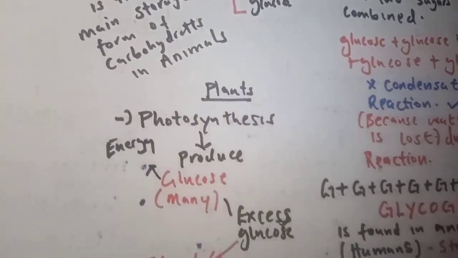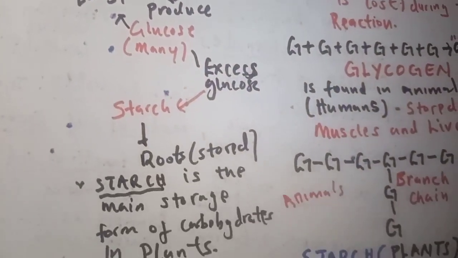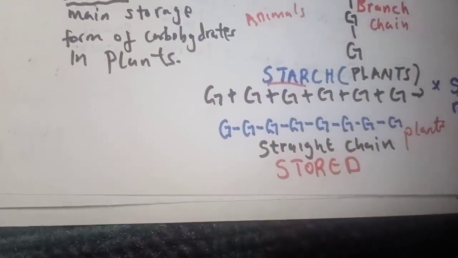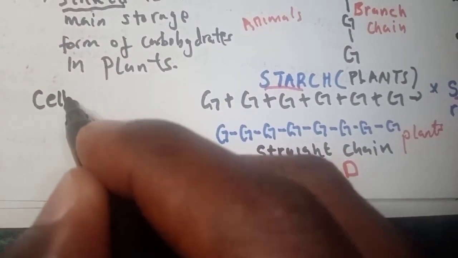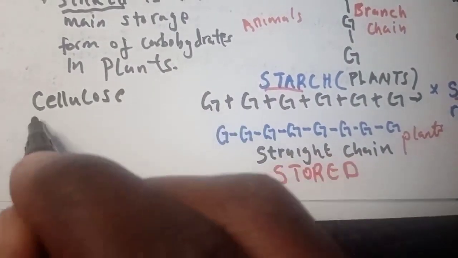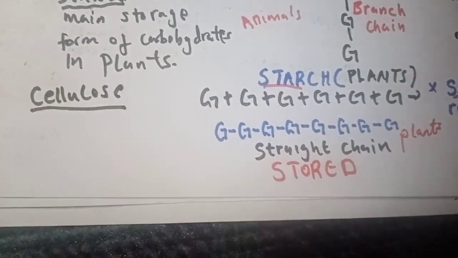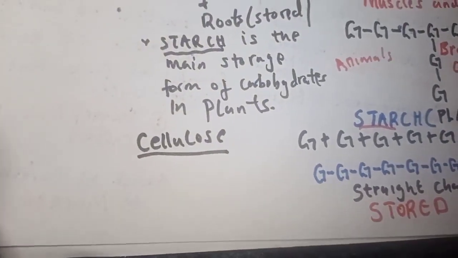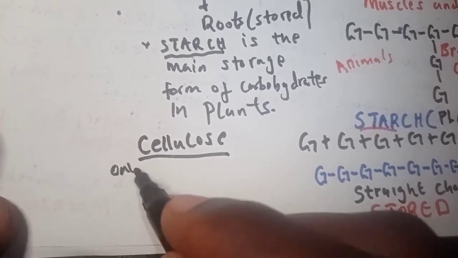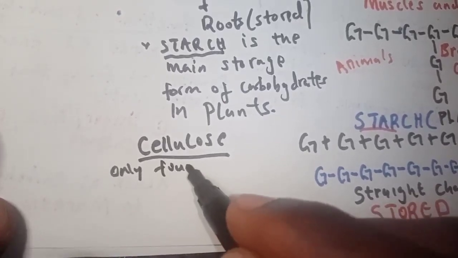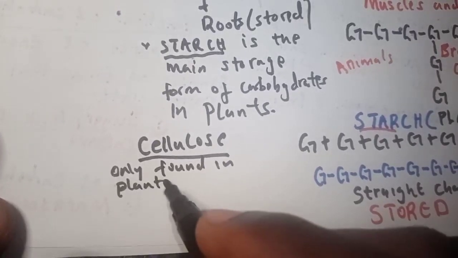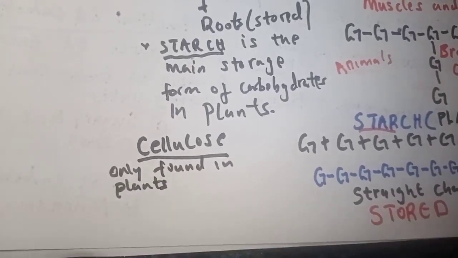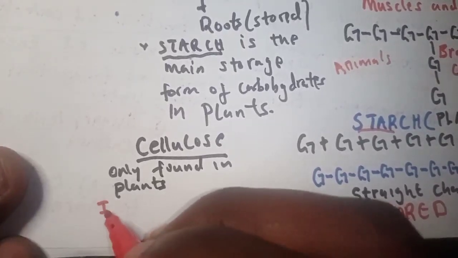You have another type of polysaccharide. This one is called cellulose. Cellulose is a polysaccharide that is only found in plants.